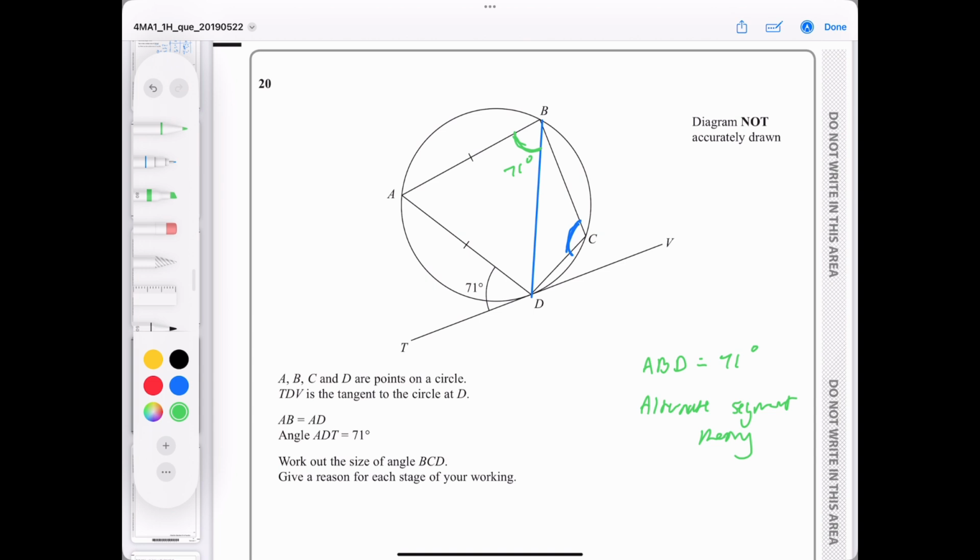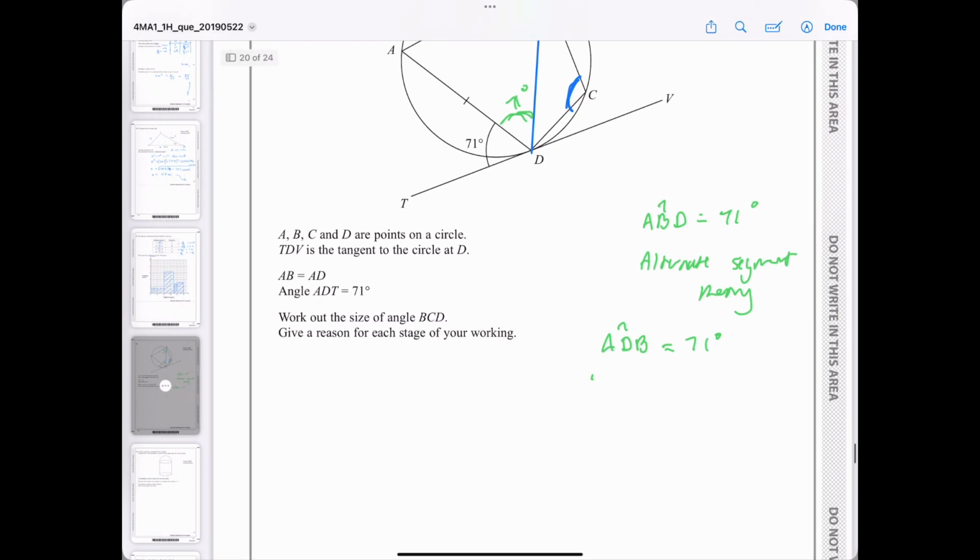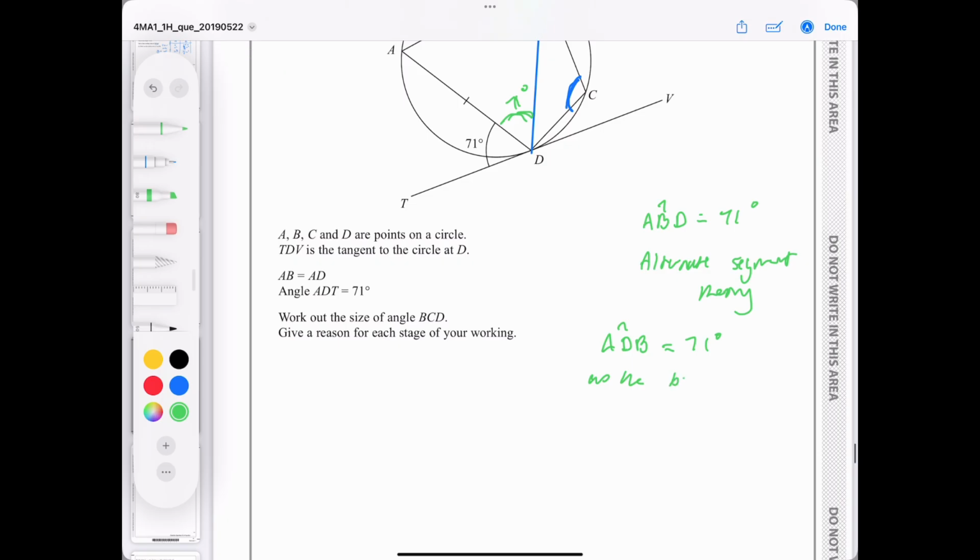And if we know that's 71, we know that the bases of an isosceles triangle are the same. So ADB equals 71 as the bases of an isosceles triangle equal one another.